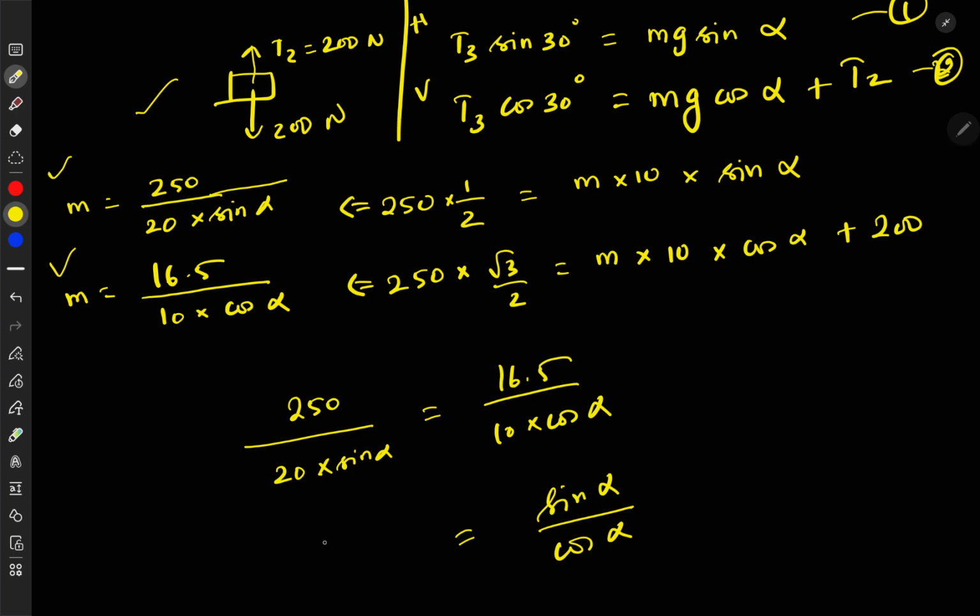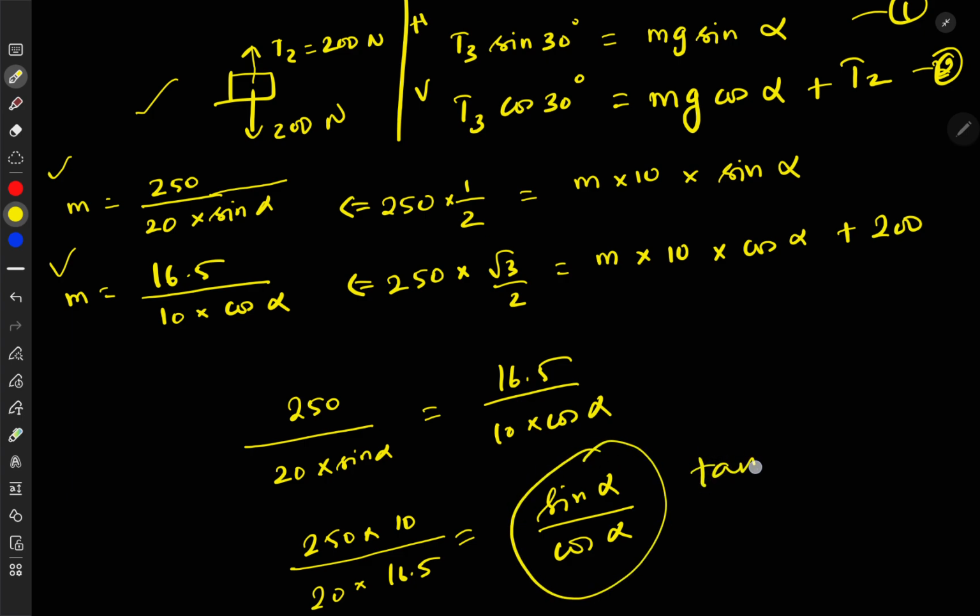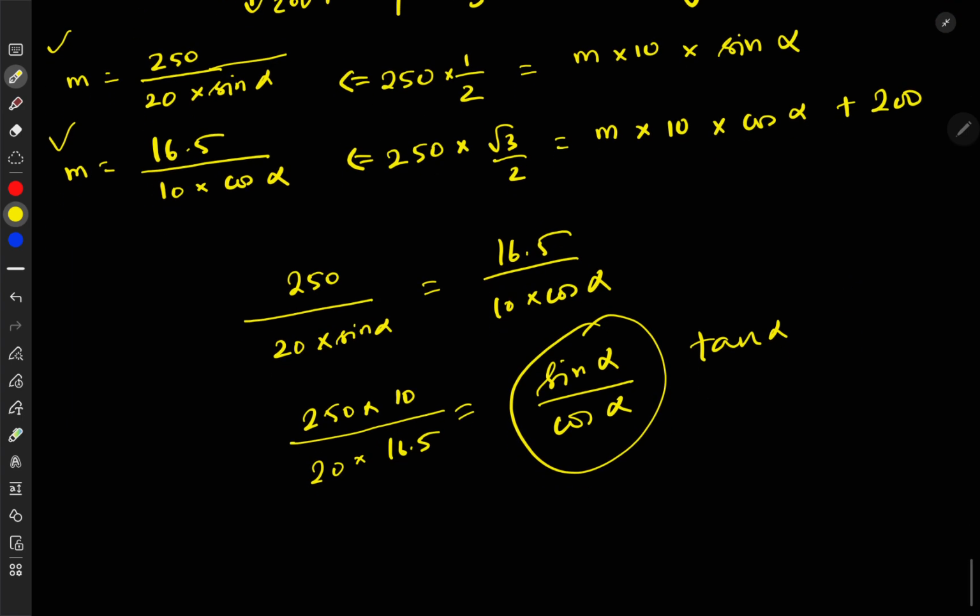Then 250 into 10 divided by 20 into 16.5 will become tan alpha. If you solve it, the alpha value comes as 82.5 degrees.